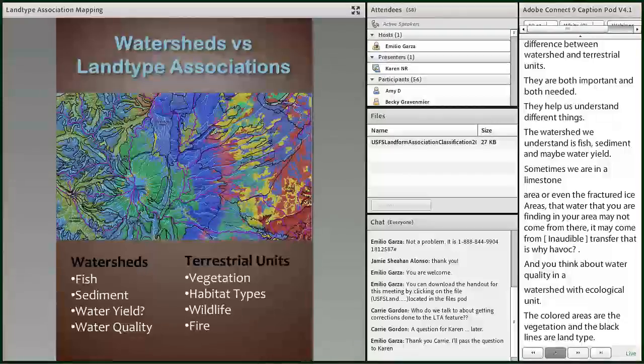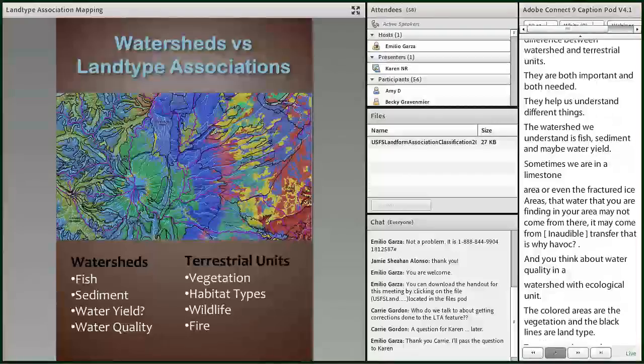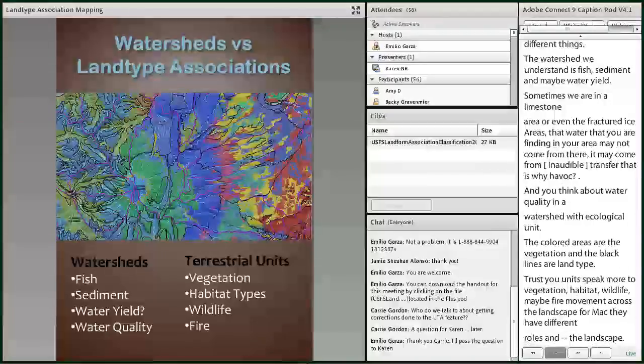You can see here's all grand fir. So if you're thinking about healthy forests and insects and disease, and we do have problems up here on the slopes of Mount Hood on the grand fir type with insects and disease, and you only manage by watershed, you're not really addressing the forest health issue of these different vegetation types that you find.